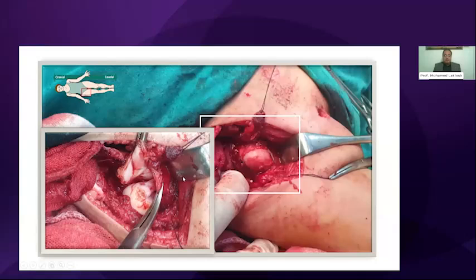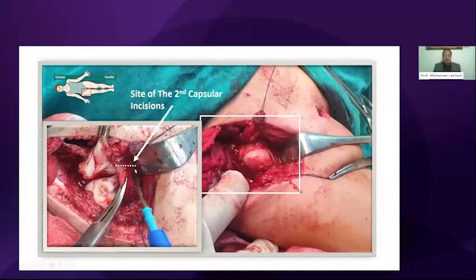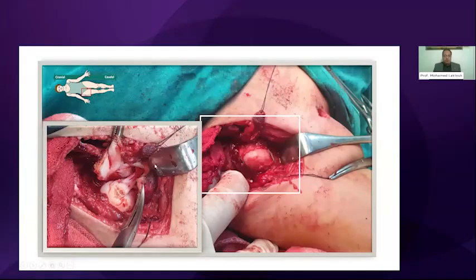Then we retract the iliopsoas and sartorius muscles to expose this side of the capsule. This is the site of the second capsular incision. It's done by diathermy, and then we open the second flap, the triangular flap.